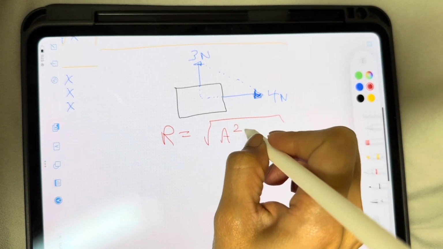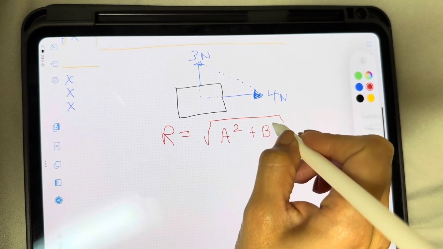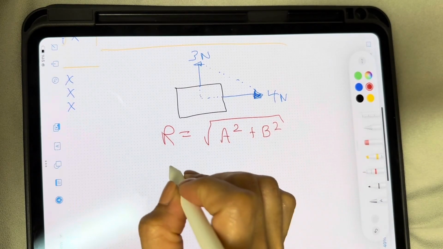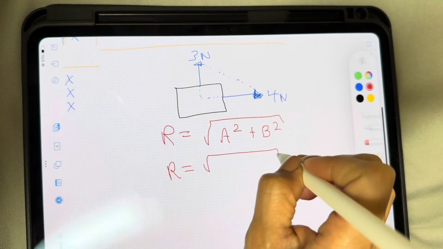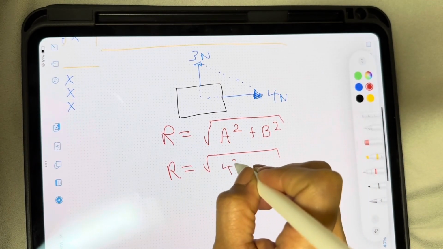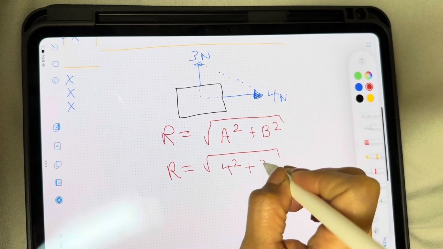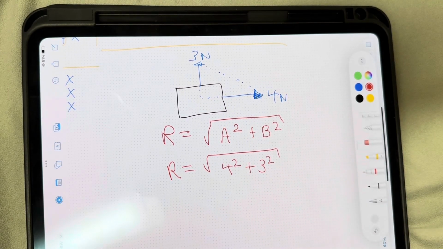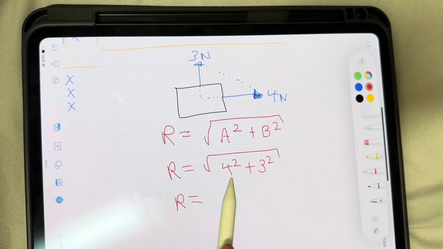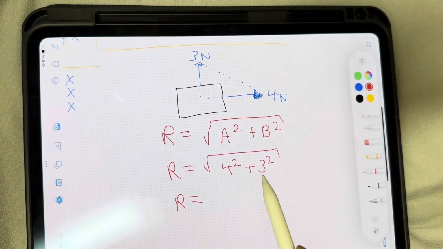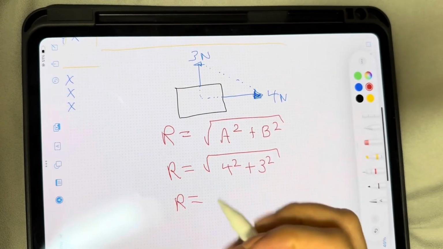You can use the Pythagorean theorem here, and you know that the resultant force is going to be your A side to the second power plus your B side to the second power. So R equals the square root of 4 to the second power plus 3 to the second power. 4 because this is one side and 3 because this is the other side.